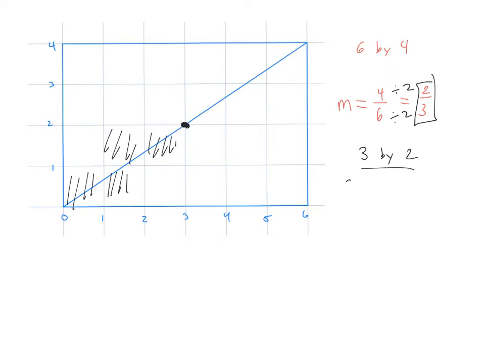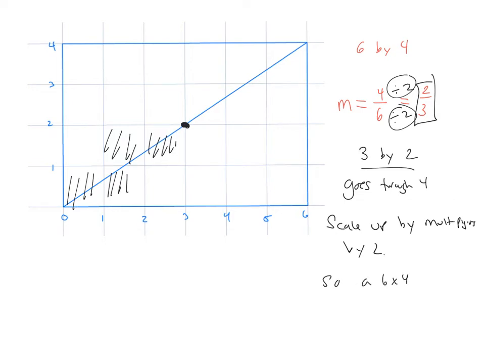So in a 3 by 2, it goes through 4, and now we're going to scale up by multiplying by 2, the thing we divided by up here, to see that in a 6 by 4, it goes through 8, because it's going to go through a 3 by 2 twice.